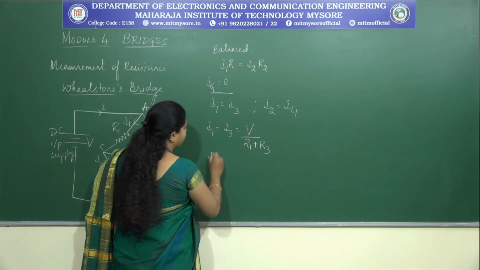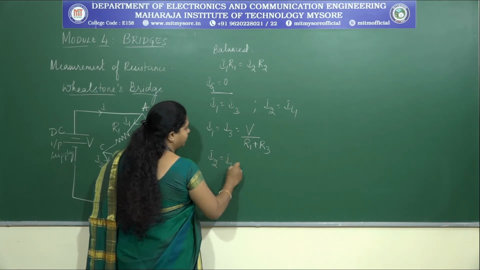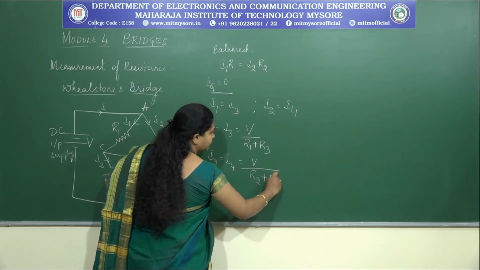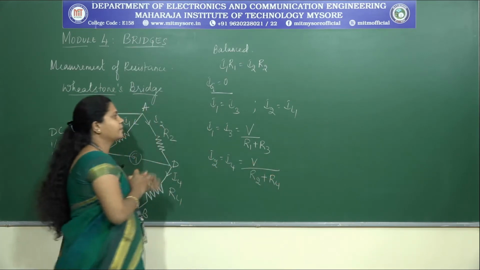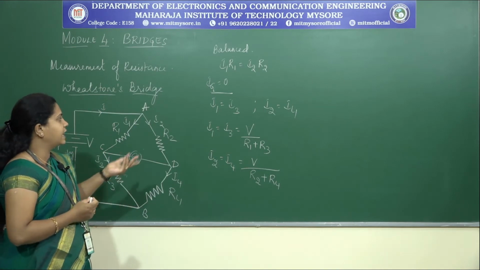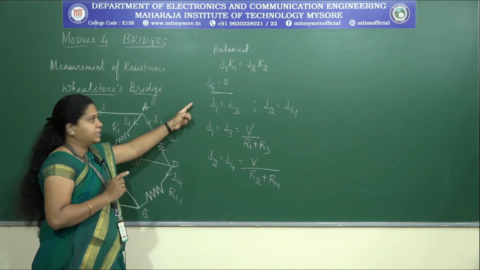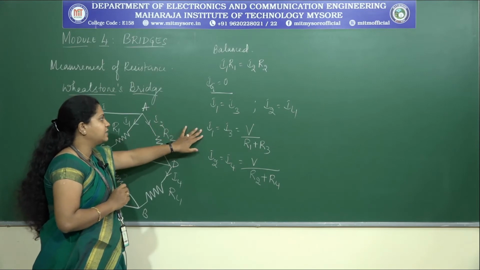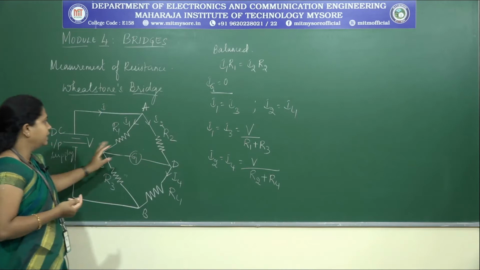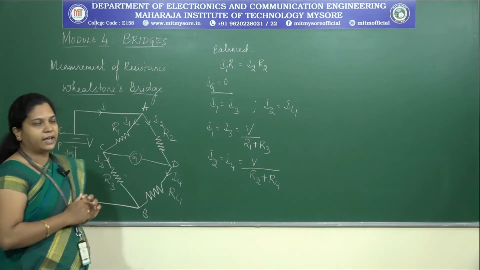So when I2 is equal to I4, we get R2 plus R4. Now you can see that if the condition of the galvanometer current being 0 has to be satisfied, then I1 should be equal to I3 and I2 should be equal to I4.